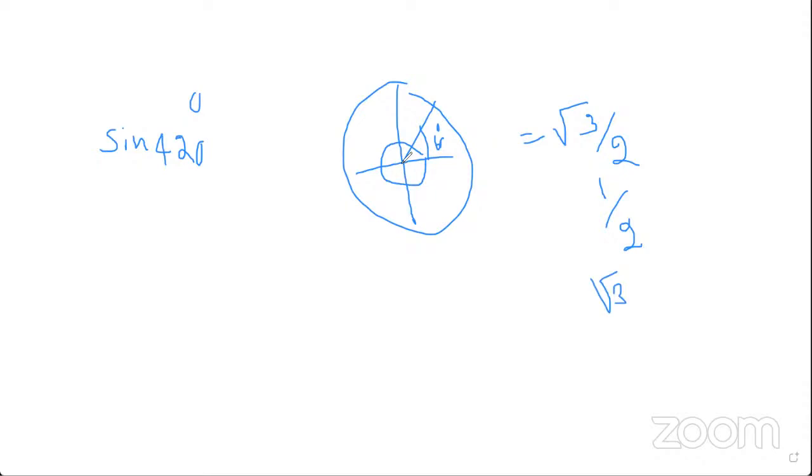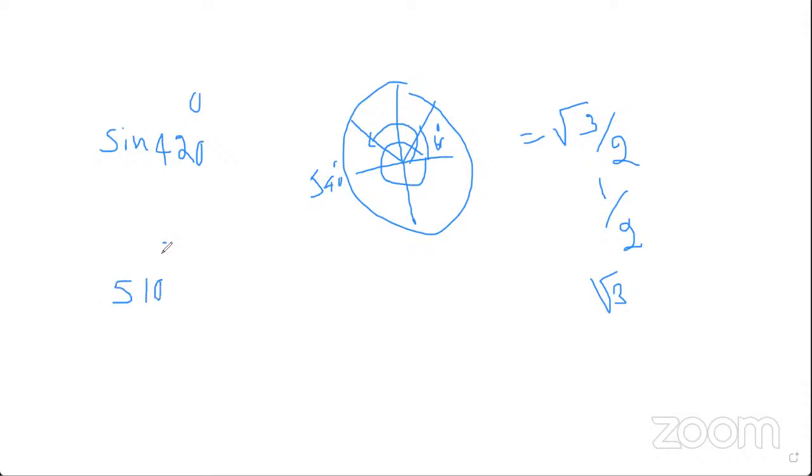We'll see what happens when the angle goes beyond one obtuse angle after completing a circle. That type of situation we'll consider. Now, when it comes to this level, 540, what will happen? I will take 510.